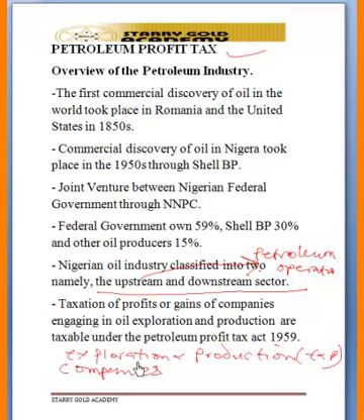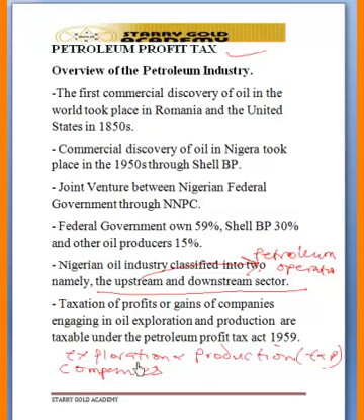Now, what is the distinguishing feature between the upstream sector and the downstream sector? I'm going to tell you what the downstream sector is about too, but let's look at the distinguishing features. One, the upstream sector is a capital-intensive operation. Drilling oil wells needs very capital-intensive instruments, machines, rigs that do the drilling.